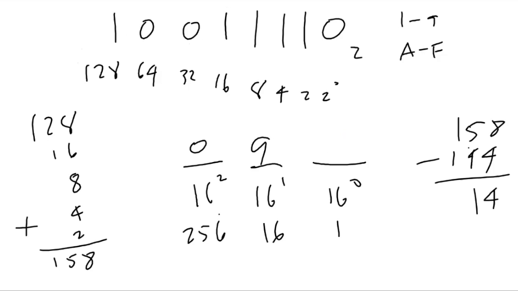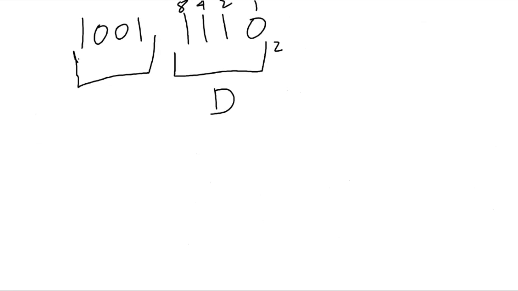Whoever's watching this is probably going to be yelling at me the whole time for that. A is 10, B is 11, C is 12, D is 13. E is 14. Okay. Yeah, I just had to write that out.